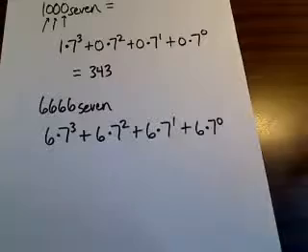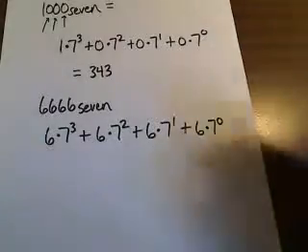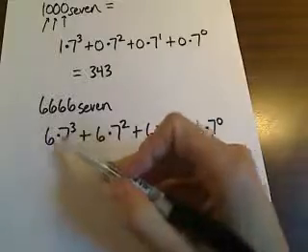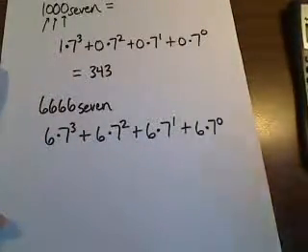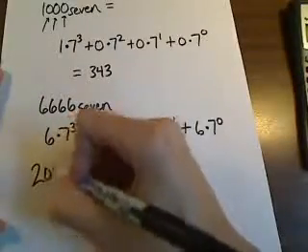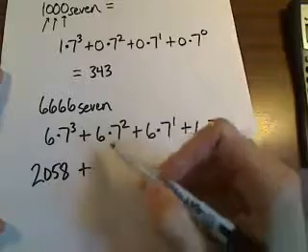All right, and each of those numbers there, this is 343 times 6, so we get 2,058 for this number right here in base 10.